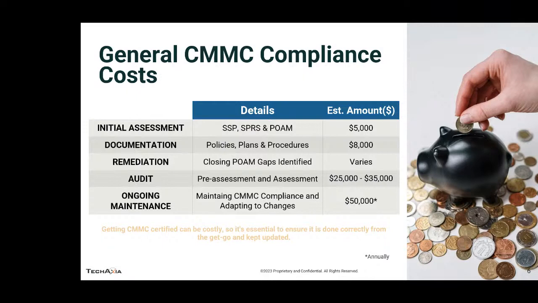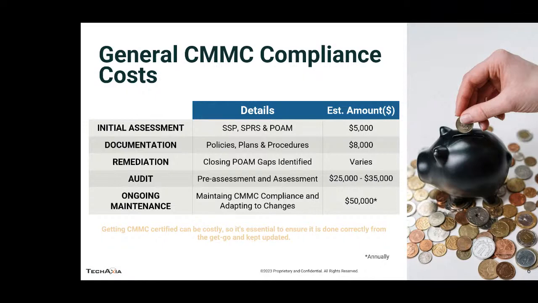Typically, the deliverables of this initial assessment step include generating your system security plan, your SPRS score, and documenting any gaps in your environment in your plan of action and milestones. SPRS stands for Supplier Performance Risk System. Now, someone will be asking, John, what is the cost? Typically, the dollar cost for this initial assessment, based on our market research, is right around $5,000.